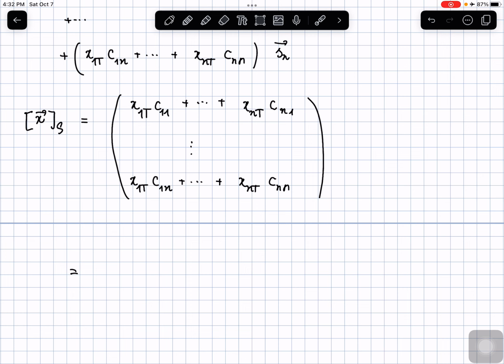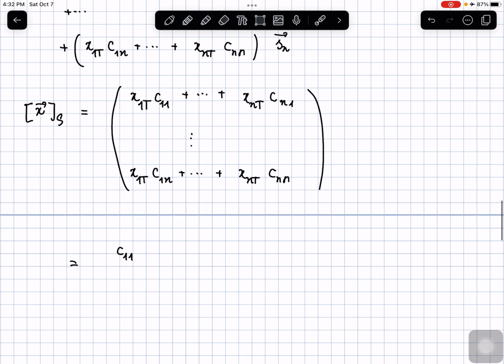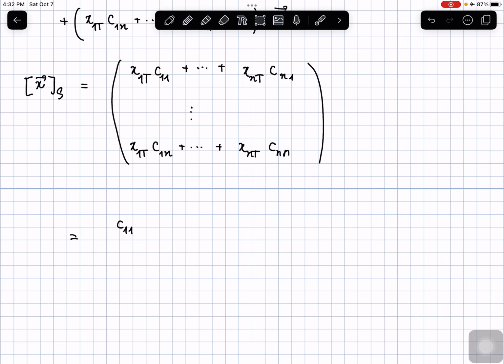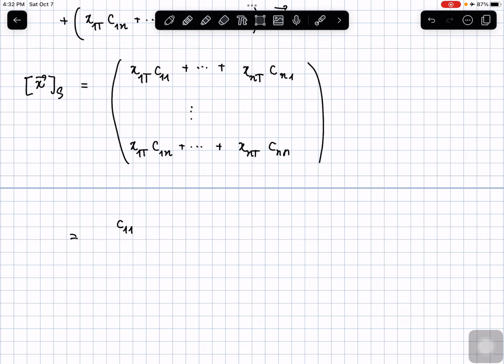You can write this as a matrix with entries C11, Cn1.